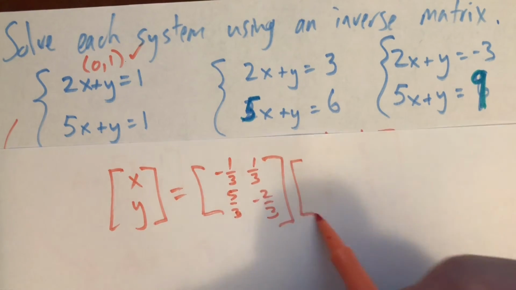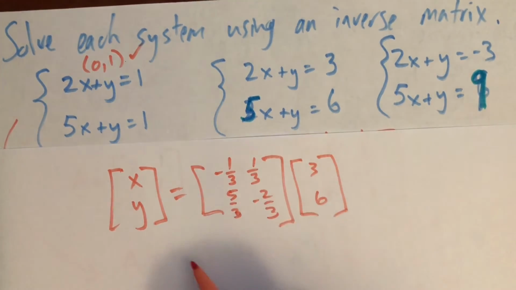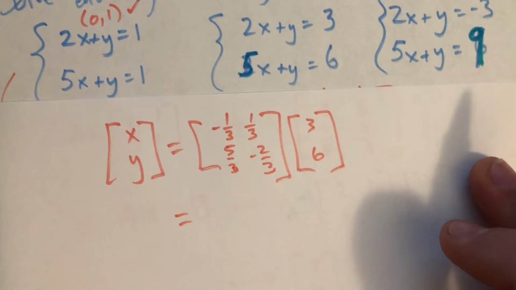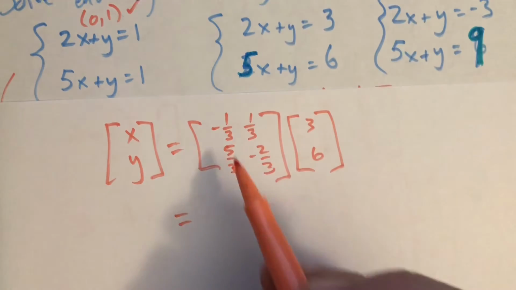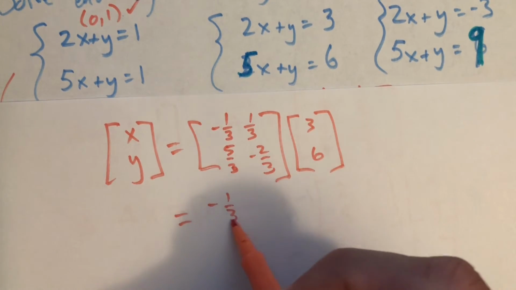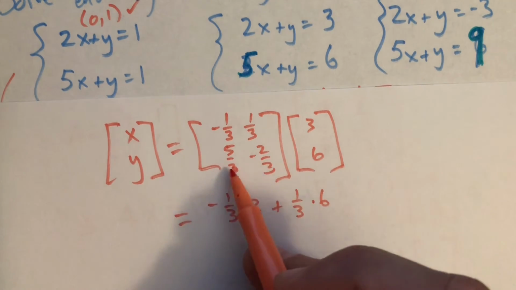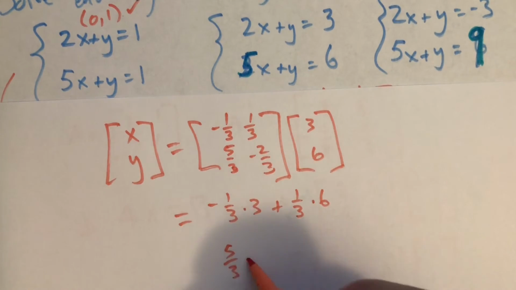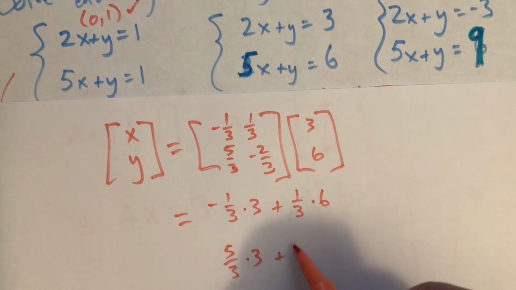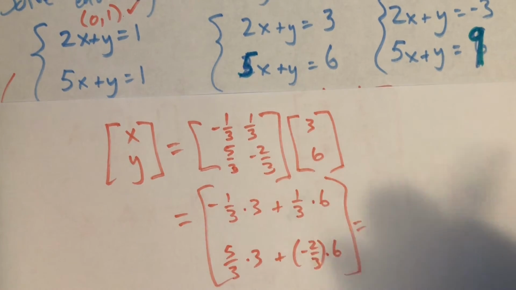And we're going to multiply that by our coefficients here, so 3 and a 6. We're just going to do the same steps, right? We've got this guy times this guy, so I've got -1/3 times 3 plus 1/3 times 6, and then the second row times that column, so I've got 5/3 times 3 plus -2/3 times 6. And that is my matrix.